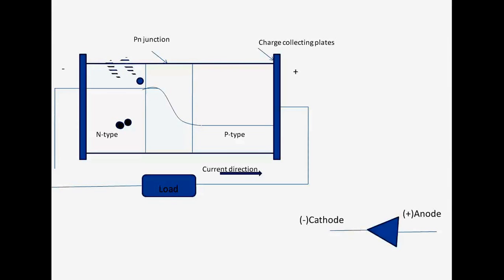The photon energy of the other wavelengths will not be consumed by these electrons, so that energy will be wasted in the form of heat. That is the reason why a solar panel has only 25 to 30% efficiency practically. So not all of the incoming solar radiation will be converted into electricity. Part of the radiation will be wasted in the form of heat, and only some of the radiation, whose energy is equivalent to the band gap energy, is used.